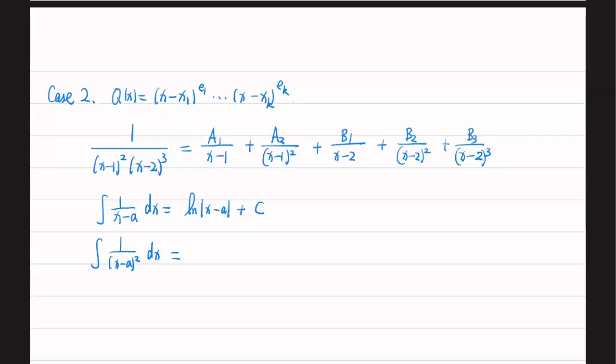You are muted. Are you seeing something? Okay, yeah, still muted. So I'm going to write down the solution. It will be negative.